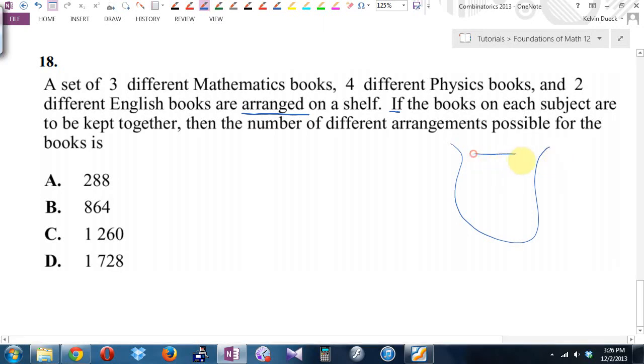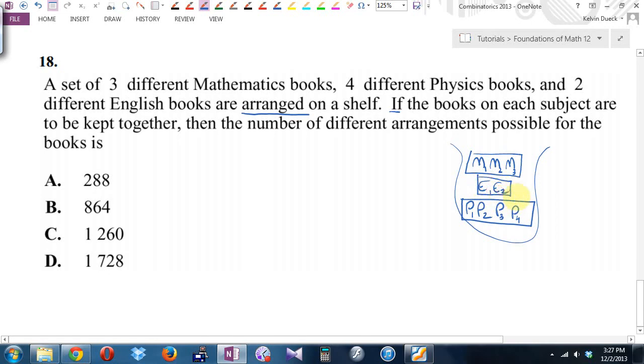Okay, so I'm going to imagine a weird Scrabble tile with 3 math books. I'll call them M1, M2, and M3. 4 physics books. And 2 English books.